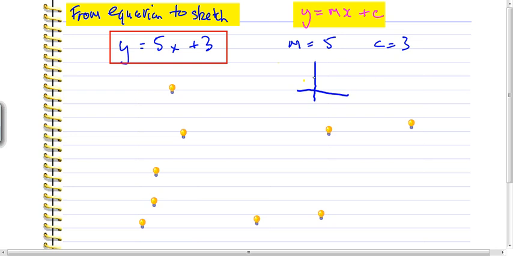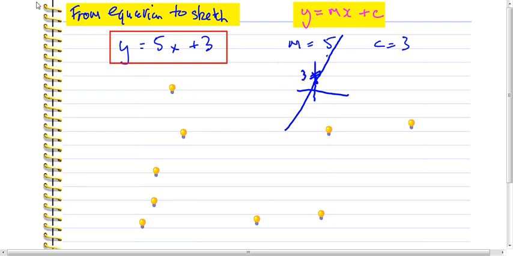We know that c is 3, so it cuts at y equals 3. It has a positive gradient of 5, so we go along 1 and up 5, so it's a pretty steep line. Oops, sorry, that should be going through 3. Poor sketch, but you get the idea.